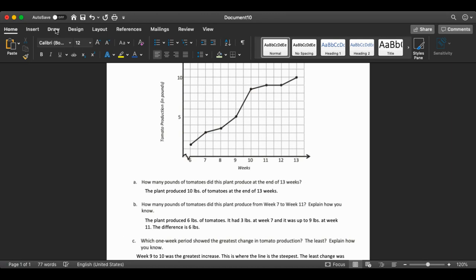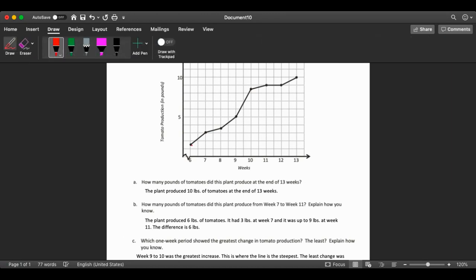Okay, so I'm going to actually draw little marks where you guys can see between weeks 6 to 8, between weeks 8 to 10, and then weeks 10 to 13. So this right here is water only. Sorry, it's really hard for me to write water. That's supposed to say water.